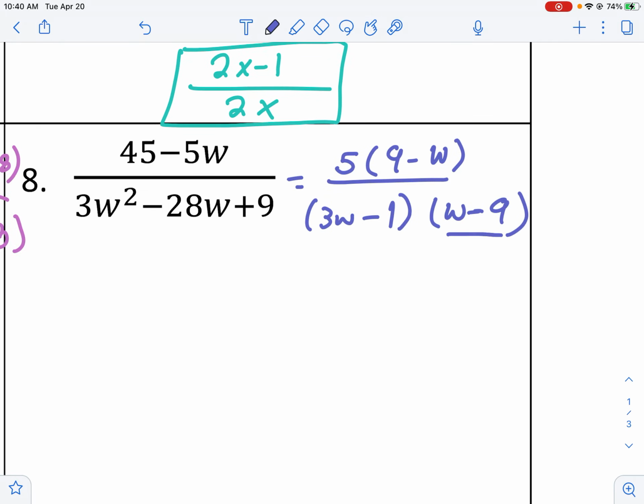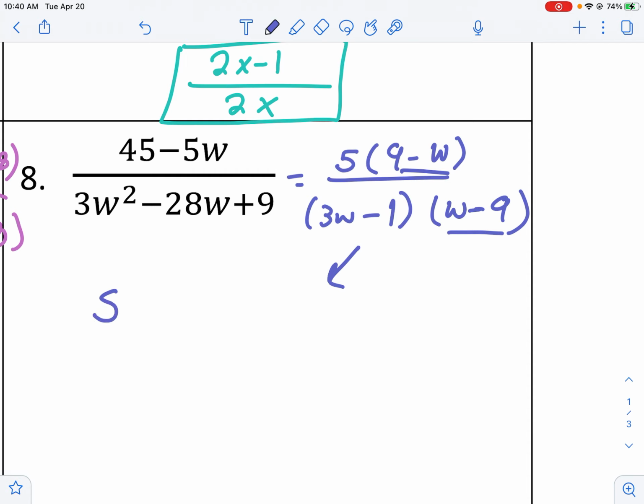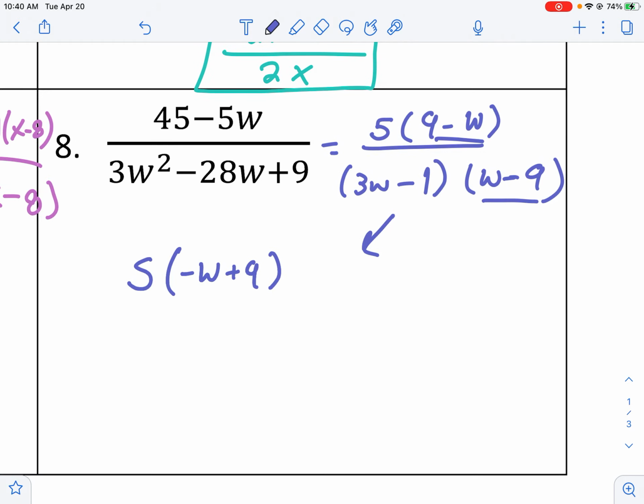Okay, and then we need to figure out how we can get these two things to cancel. It looks like we're going to have to do some rearranging here. So 5, and then let's go, this is technically negative w plus 9. So then we can pull out the negative 1 out of there. So it's negative 5 times w minus 9 when you divide that by negative 1.